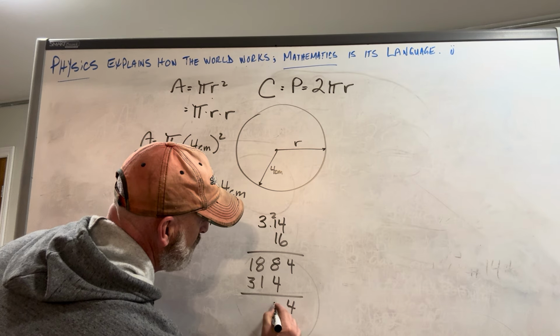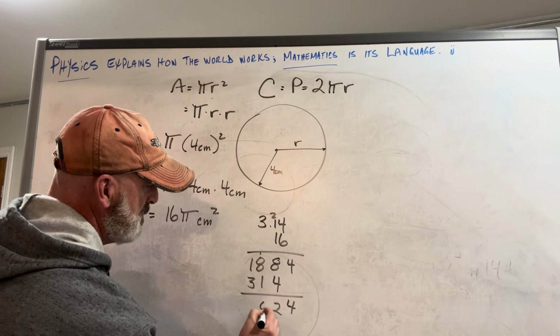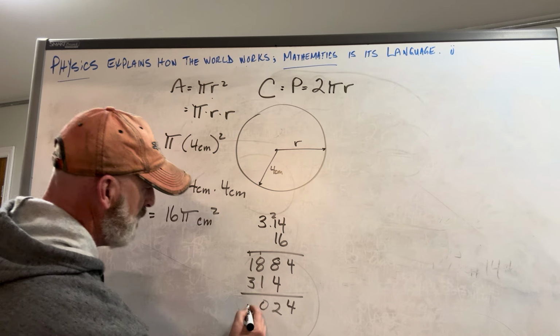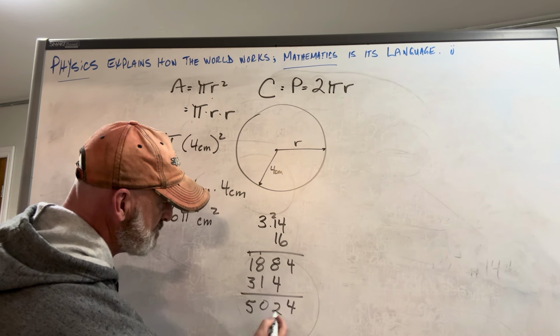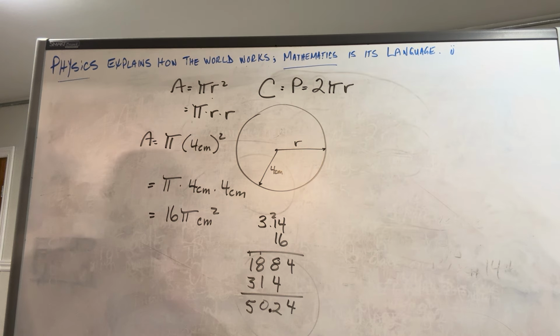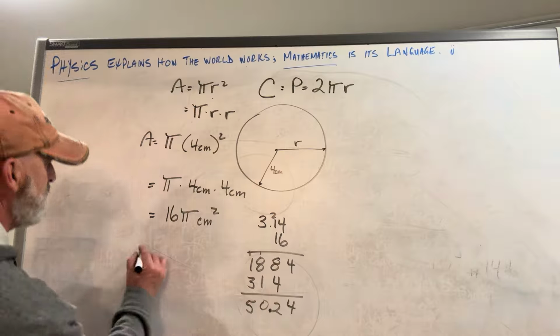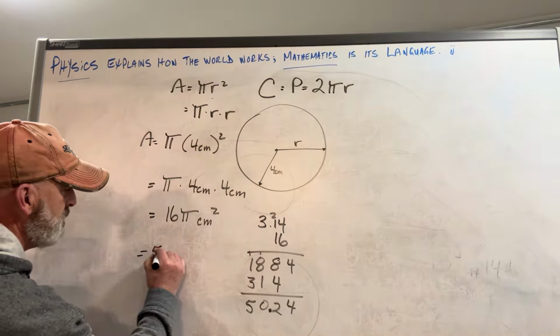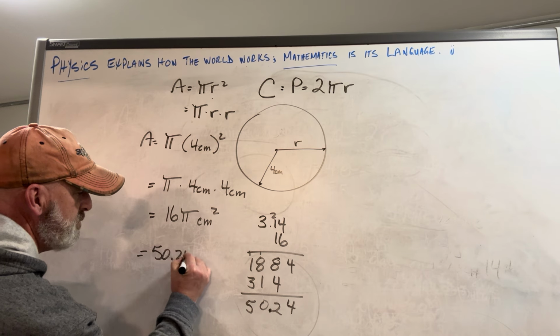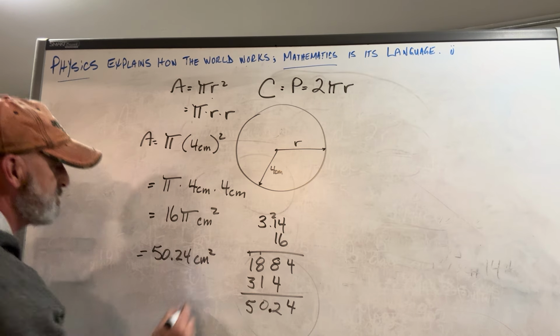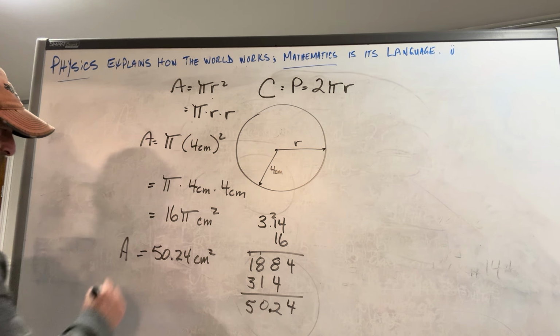Add them up, and then 2 decimals over: 50.24. So if you multiply 16 by 3.14, then you will get roughly 50.24 square centimeters. And that's the area.